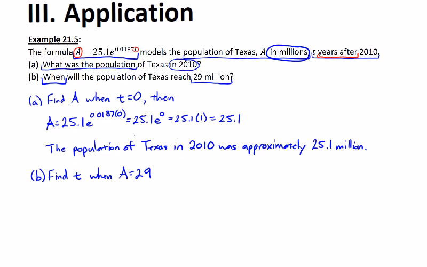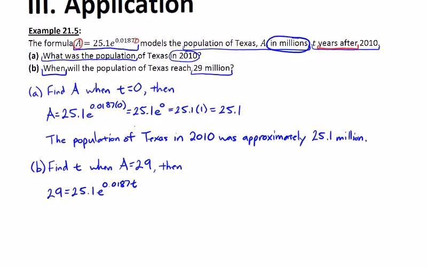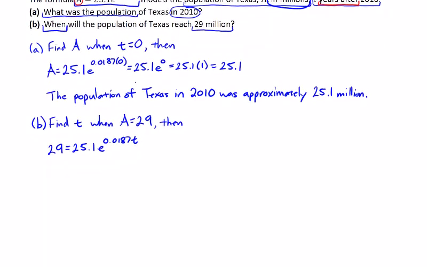So 29 is what we need, which means that our formula is now going to read 29 equals 25.1 times E raised to the 0.0187 T. So I need to solve this for T, and I would treat this like any other solving problem back in the previous examples. The only difference here is that we had to set up the equation, and the equation just wasn't given to us.